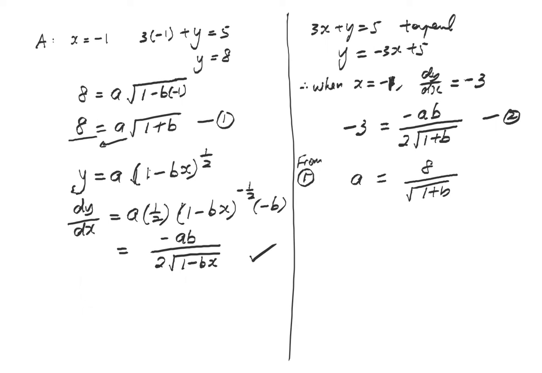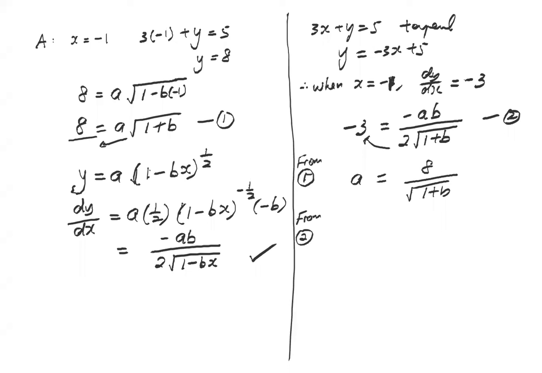Okay, so from equation 2, since both are negative, I just remove the negative. Then I bring the 2 over and the square root of 1 plus B over, to make my substitution easier.